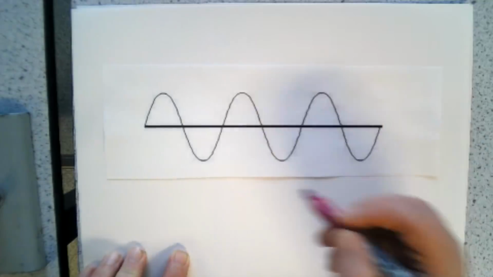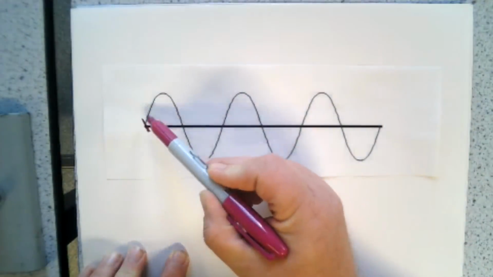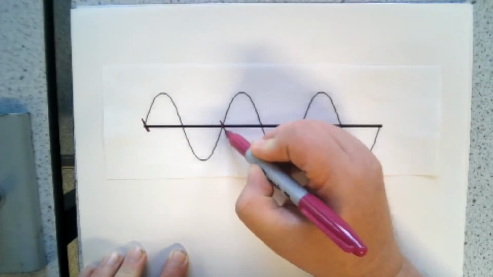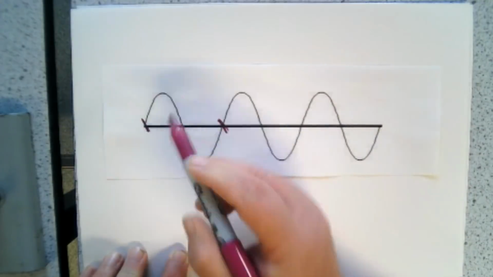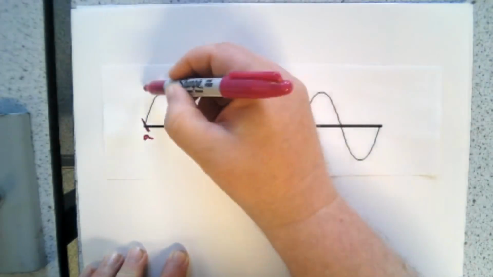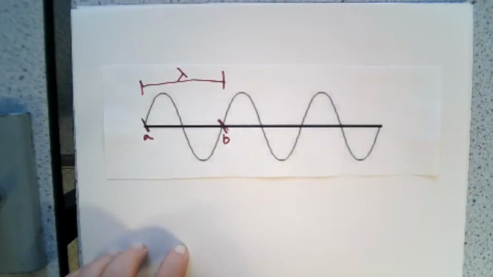The first is going one complete crest and one complete trough, the distance between point A and point B. That is one wavelength. So that's the first way I can work out a wavelength.